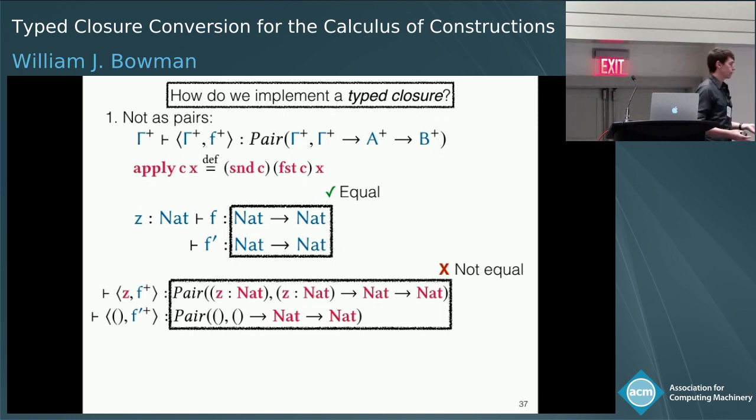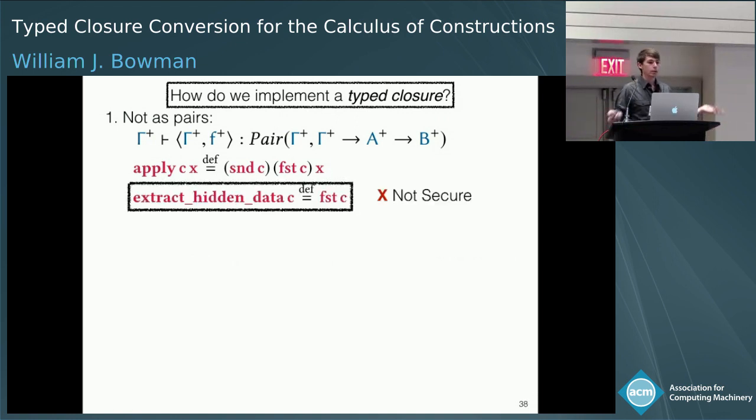But after translation, we've changed the types, so now our types are not functions, but pairs of some environment and some modified function pointer type. Now our types express that f depends on some variable z in its environment, whereas f prime has an empty environment. And now the types are no longer equal. So we've taken these two objects that have the same interface and turned them into things with different interfaces.